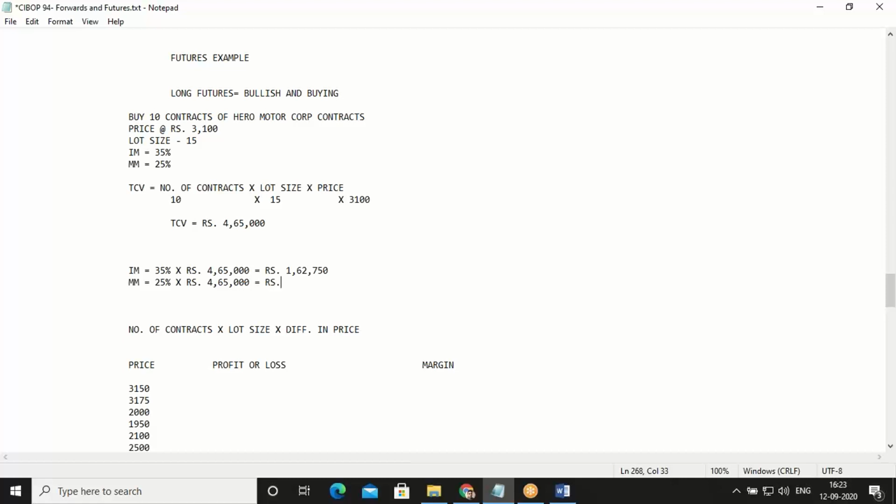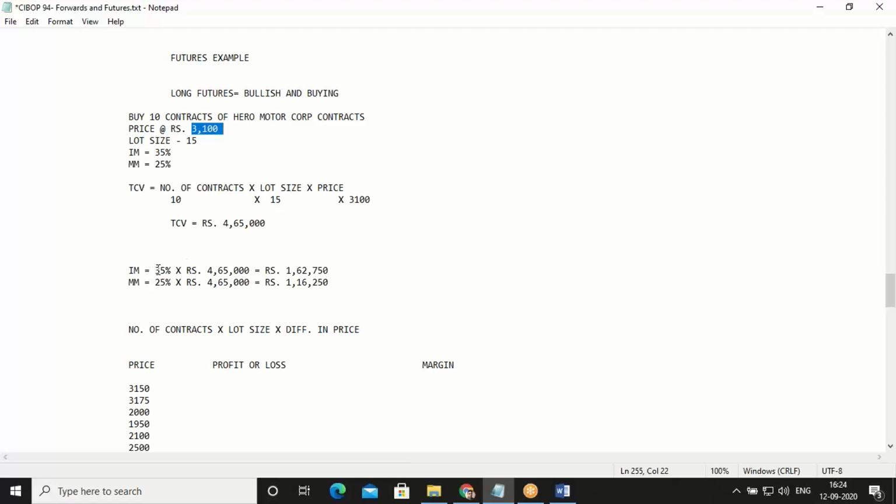Or do you want me to do the calculation? Some of you might not be good at math, and it's okay, because even I was never good at math. If you're not understanding, please feel free to ask. So for TCV, you're just taking the number of contracts, which is 10, lot size is 15, and multiplying that by the current market price, which is 3,100, and you get your total contract value.